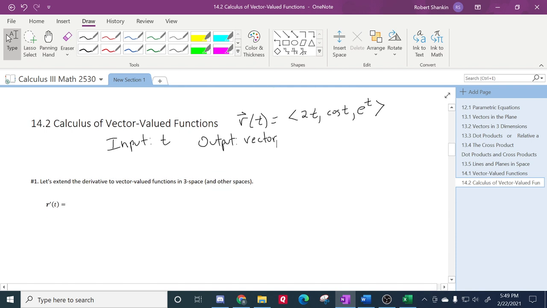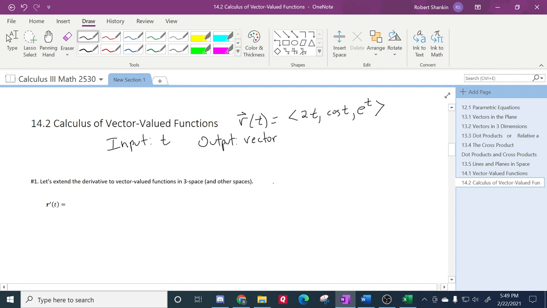Yes? Yes, since each component are the functions, correct? Yes. So we take the derivative of each function.